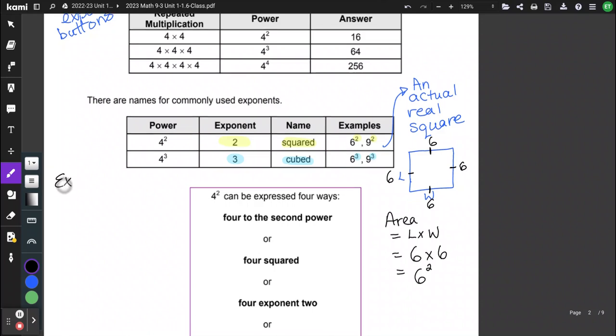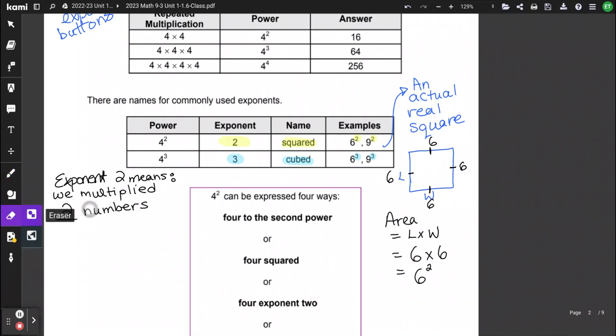So exponent, we're going to write that down. Exponent 2 means we multiplied 2 numbers. And we're going to be more specific than that.